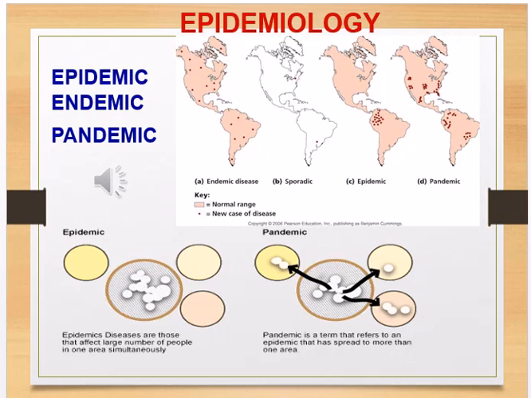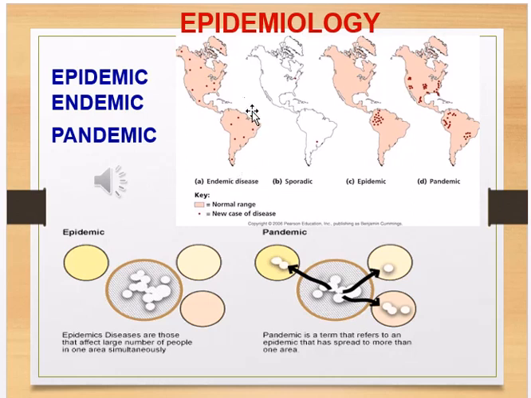Now, epidemiology is the study of disease causation and the way a disease spreads from one part of the world to another. There are four different types of spreading mode. One is where a disease occurs naturally in an area and remains within that particular community. It doesn't spread. Such diseases are called endemic diseases.